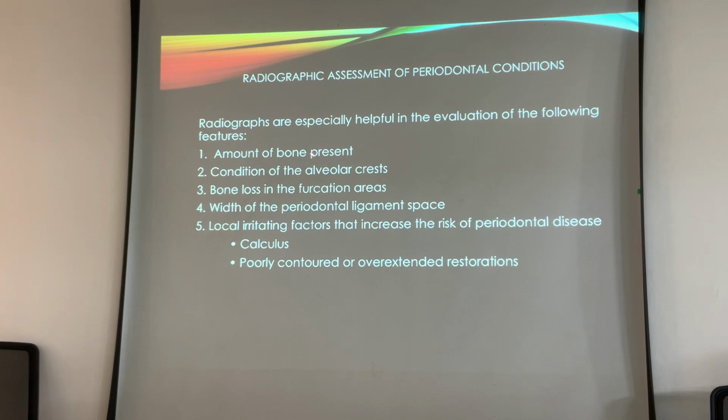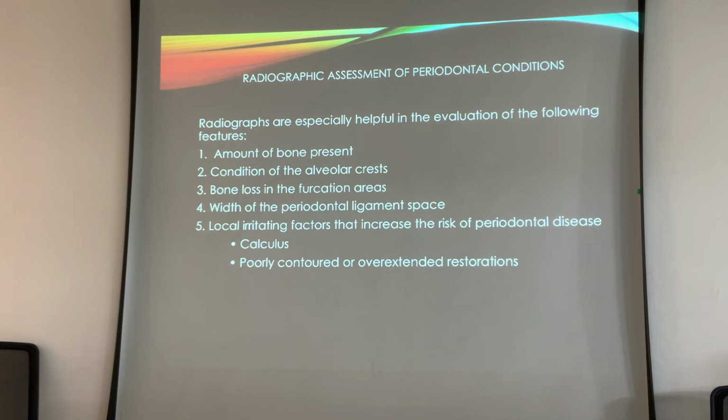Amount of bone present, condition of the alveolar crest, bone loss in the furcation areas, width of the periodontal ligament space, and then local irritation factors. You need to remember there are 2 kinds of local irritating factors, which are calculus or poorly contoured or overextended restoration.